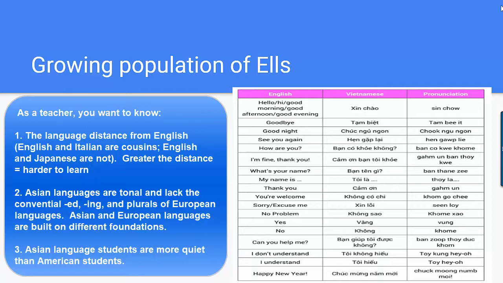They don't have endings like ed, ing, or with plurals, there isn't the S sound. In addition, quite often we trail off at the end of sentences. Our Asian language speakers are naturally a little bit more quiet than American English speakers. So just knowing those few differences will help you as you have ELs in your classroom.